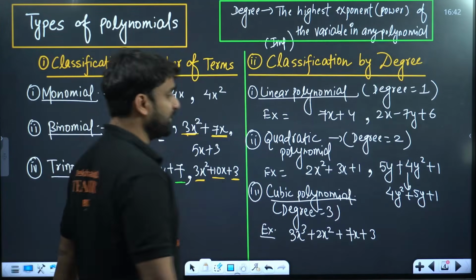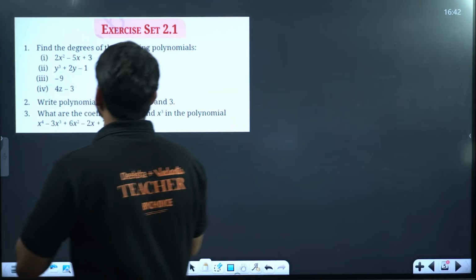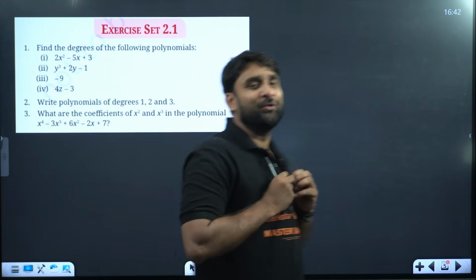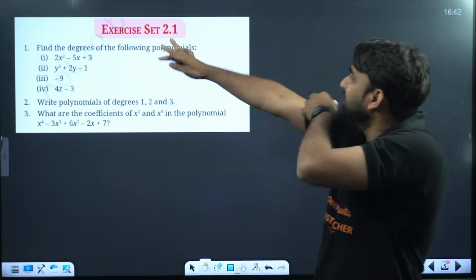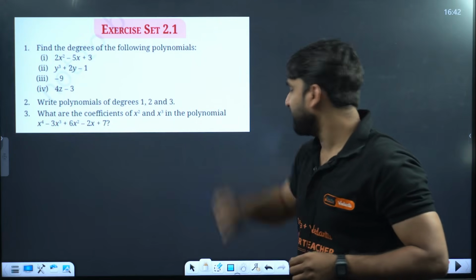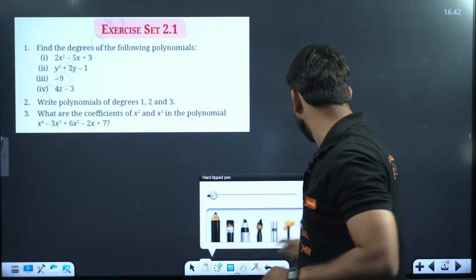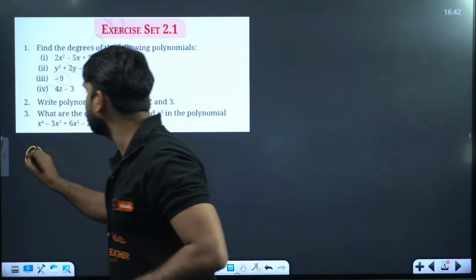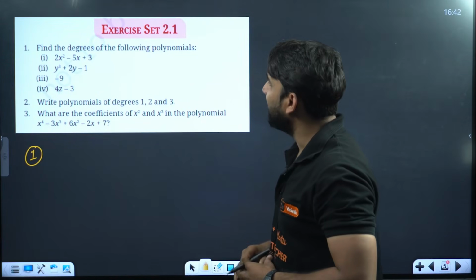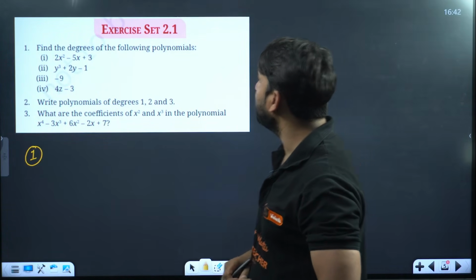Okay, moving to next. It's time to do questions from your exercise. So let's move to exercise set 2.1 and find question number 1. Let's do question number 1. The question says: find the degree of polynomials.